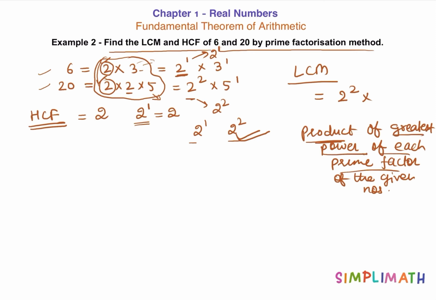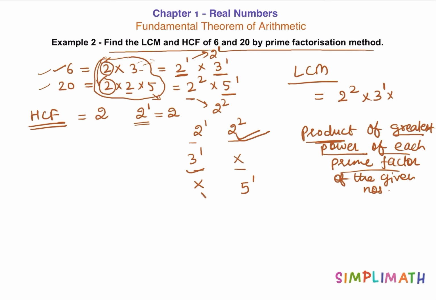So if we see 3 to the power 1 is available in 6's prime factorization, but it is not available in 20's prime factorization. Okay, so what is the greatest power of 3 if we consider both? It is 3 to the power 1, so we write 3 to the power 1. And 5 to the power 1 is available in the prime factorization of 20, but 5 is not available in the prime factorization of 6.